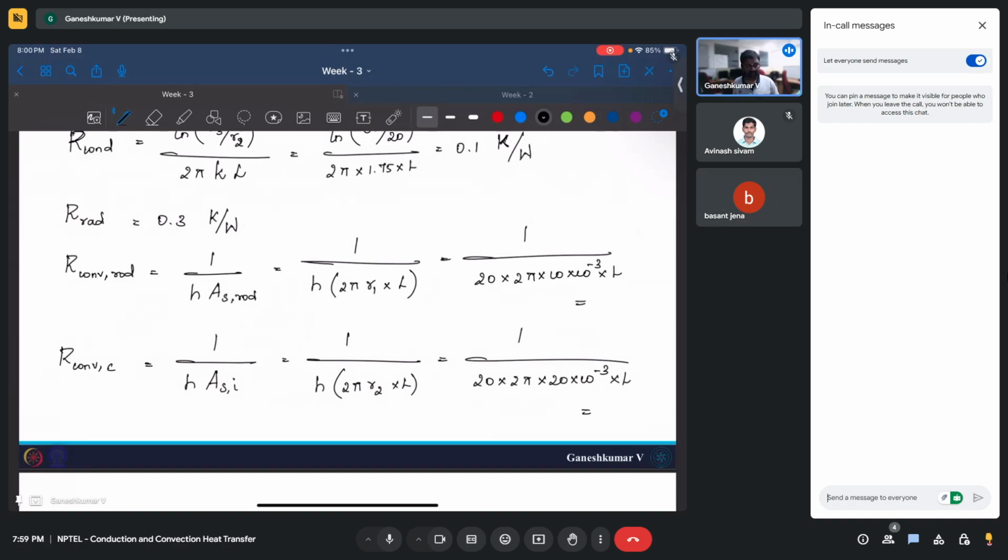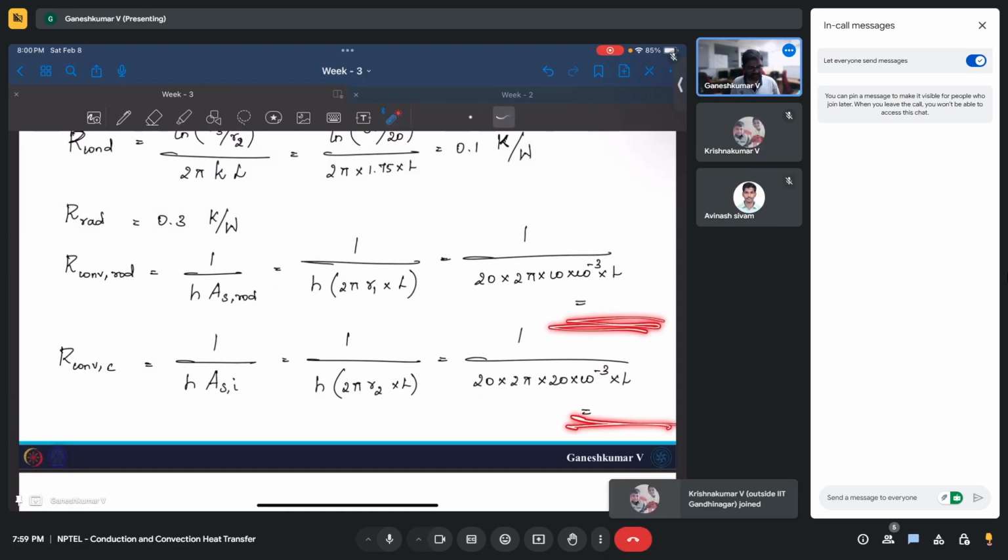Once you find this one, the other one is just the same thing divided by 2. That's it.